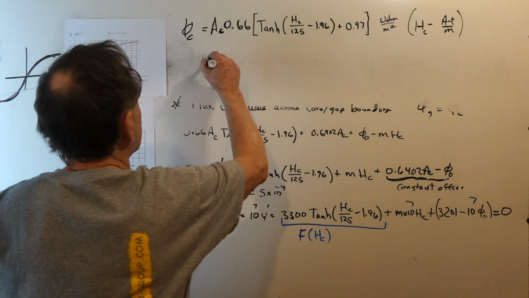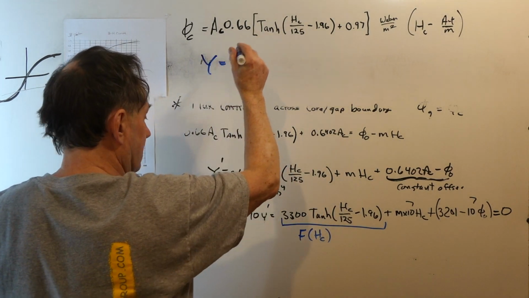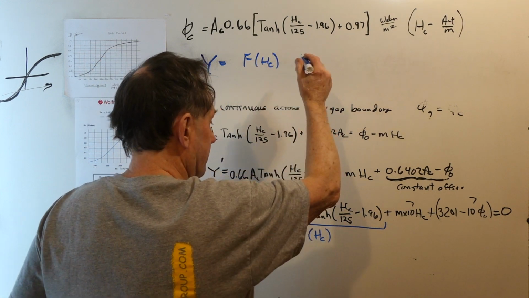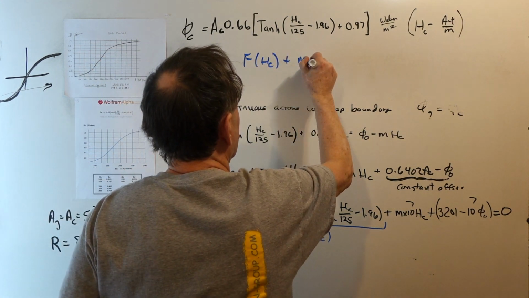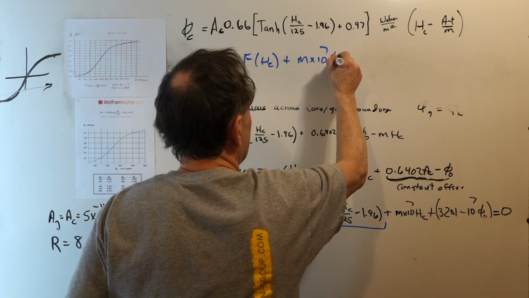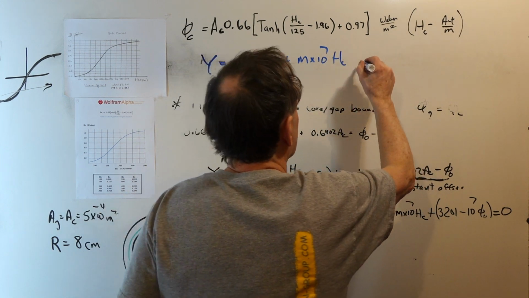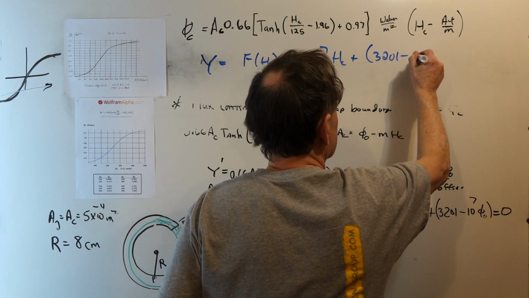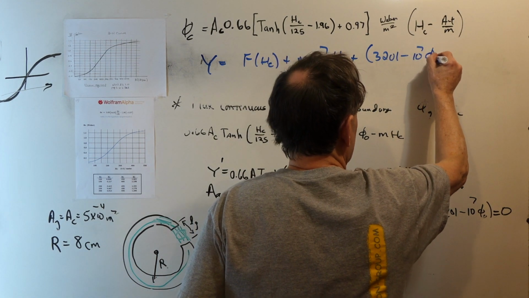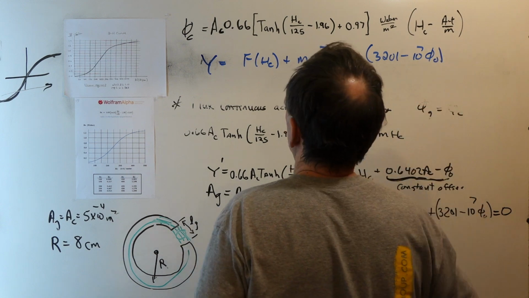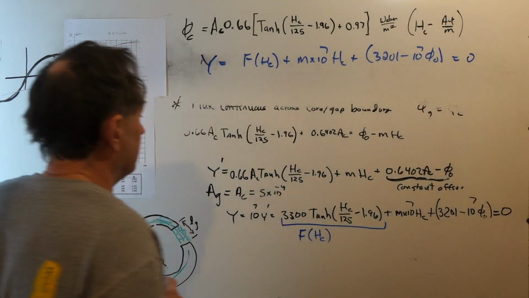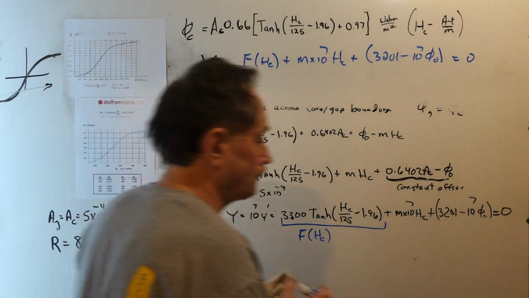I will write this as Y is equal to f of Hc plus m times 10 to the 7th Hc plus 3201 minus 10 to the 7th phi 0. And we want to find those values of Hc that make that 0.